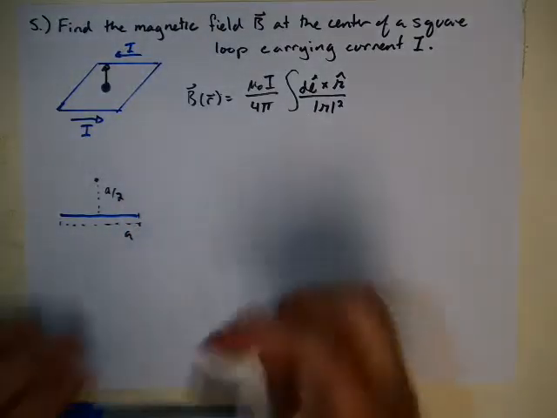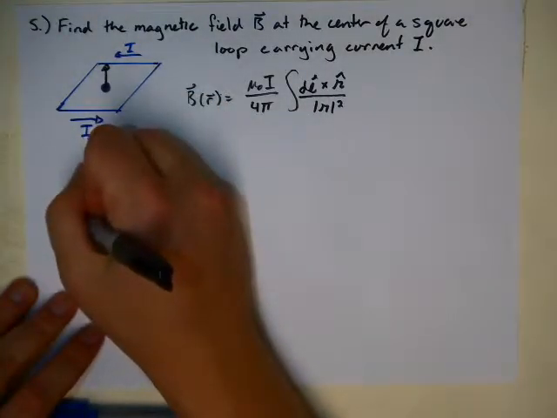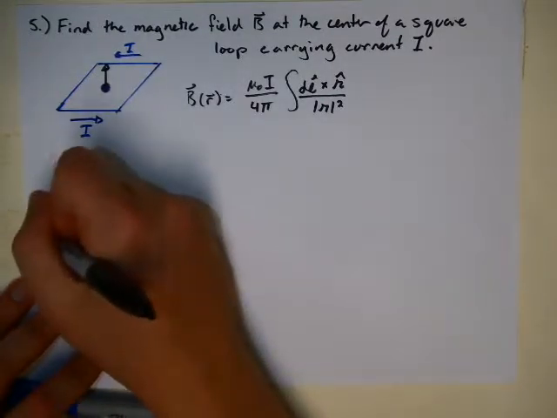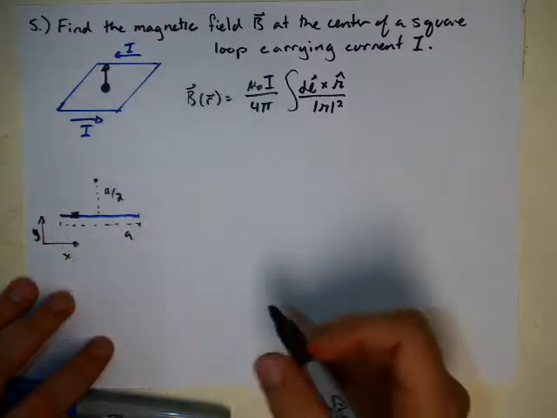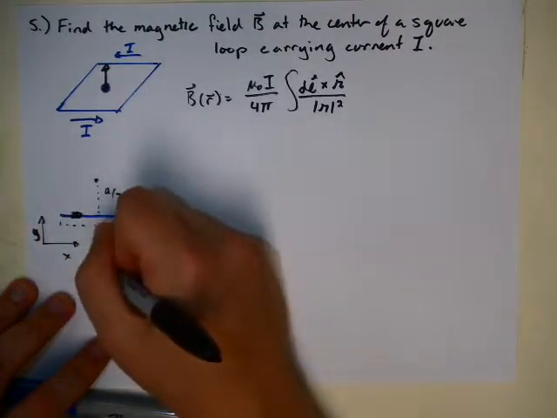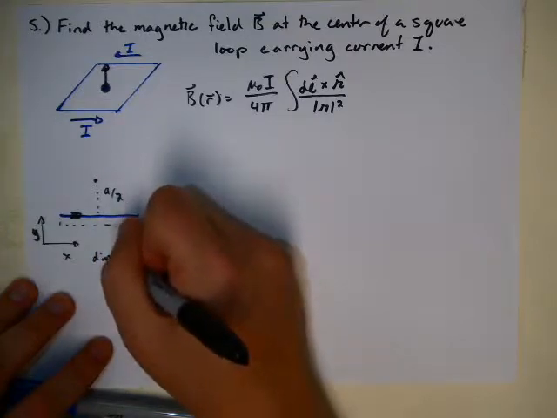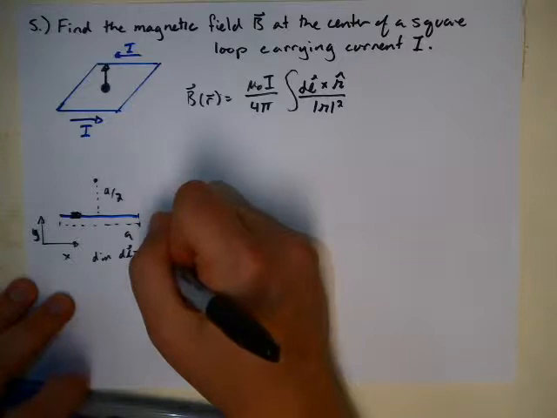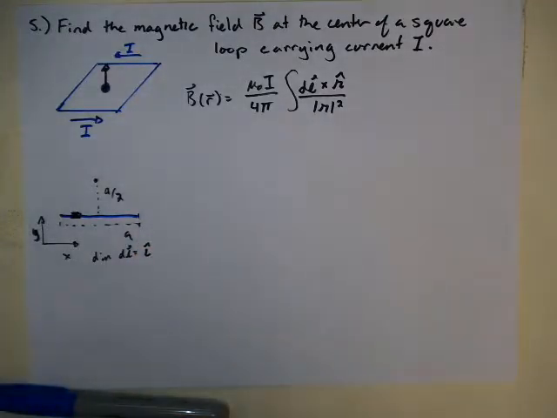Let's make this the x and the y direction. The dl that I care about is this little section right here, so the direction of dl is in the i hat direction.